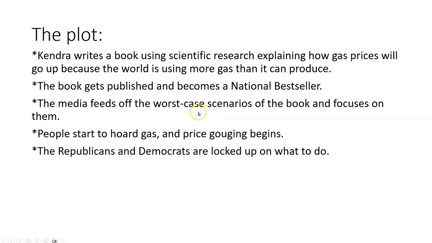Okay, now you would think that the government, this takes place in America, would do something. As we've seen, the Republicans and the Democrats are locked up on what to do. Each of them has their own agendas, and this is not a big stretch to imagine.